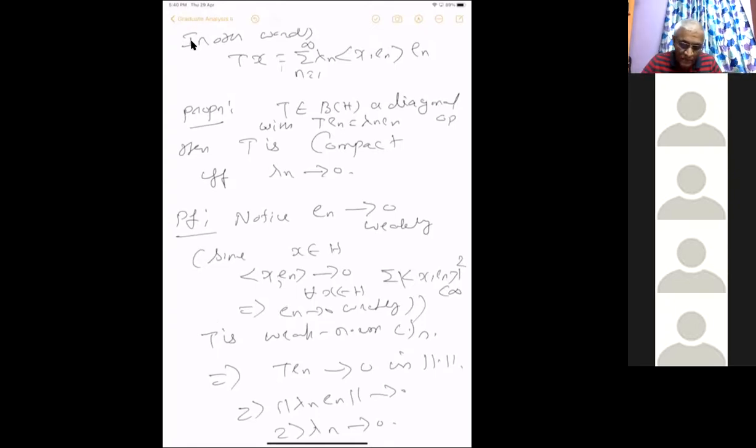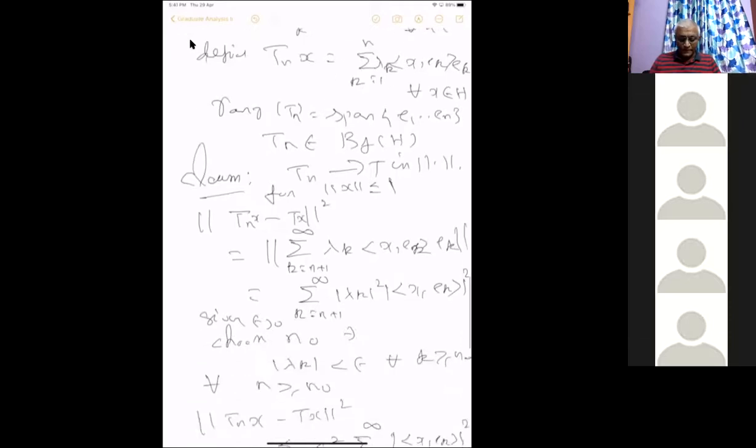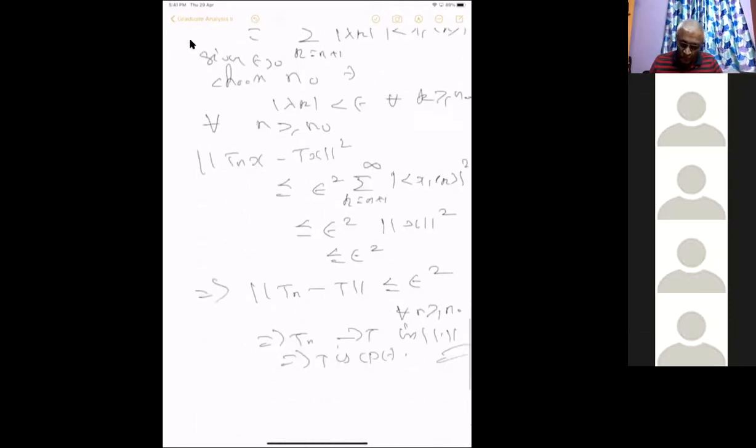Diagonal operator means there exists an orthonormal basis of eigenvectors, and it is compact if and only if the eigenvalues go to 0. That's what we have.